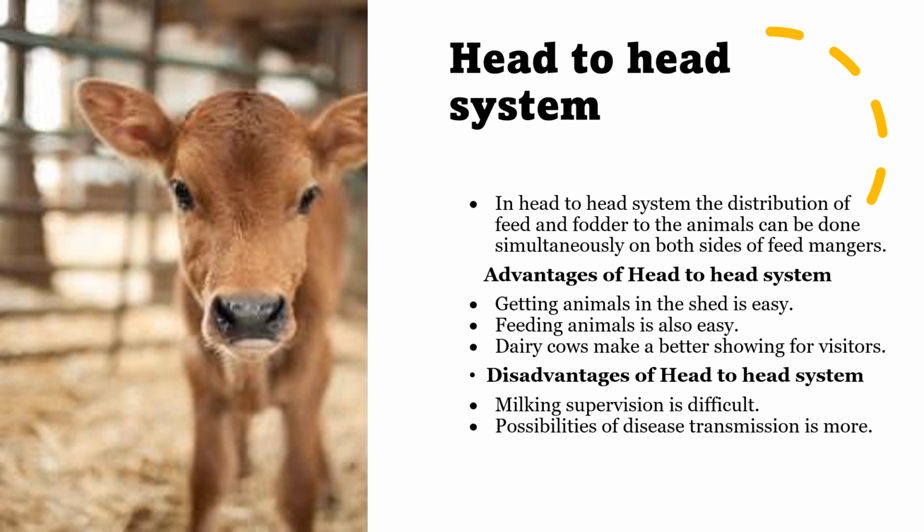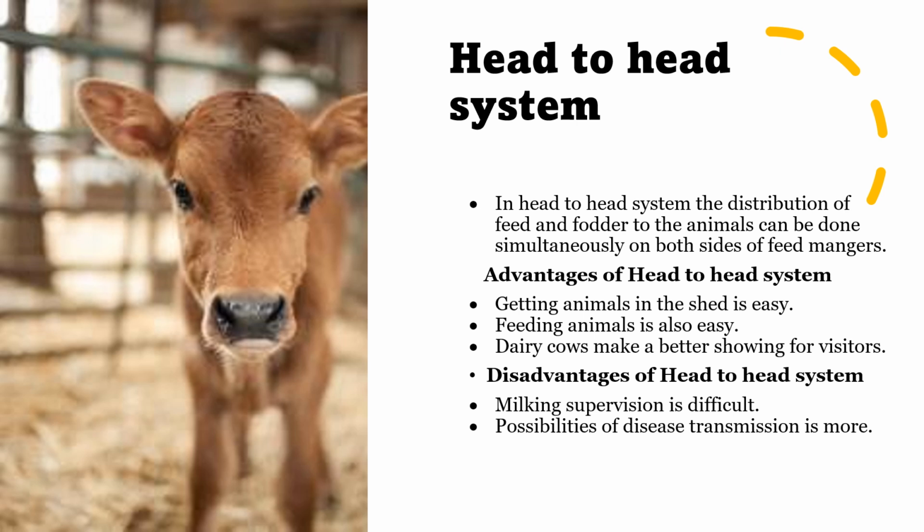When we look at the advantages of the head to head system, getting animals in the shed is very easy. Feeding animals is very easy. Dairy cows make a better showing for visitors. In the head to head system, the same central passage is present between the two rows of animals. So when visitors come and visit the farm, they can see the animals directly.